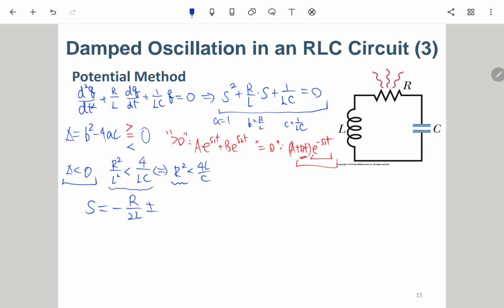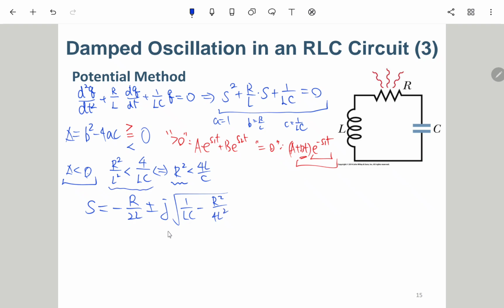We try to rewrite it, because R squared over L squared minus 4 over LC is a negative value. So that turns out to be j times the square root of 1 over LC minus R squared over 4L squared.